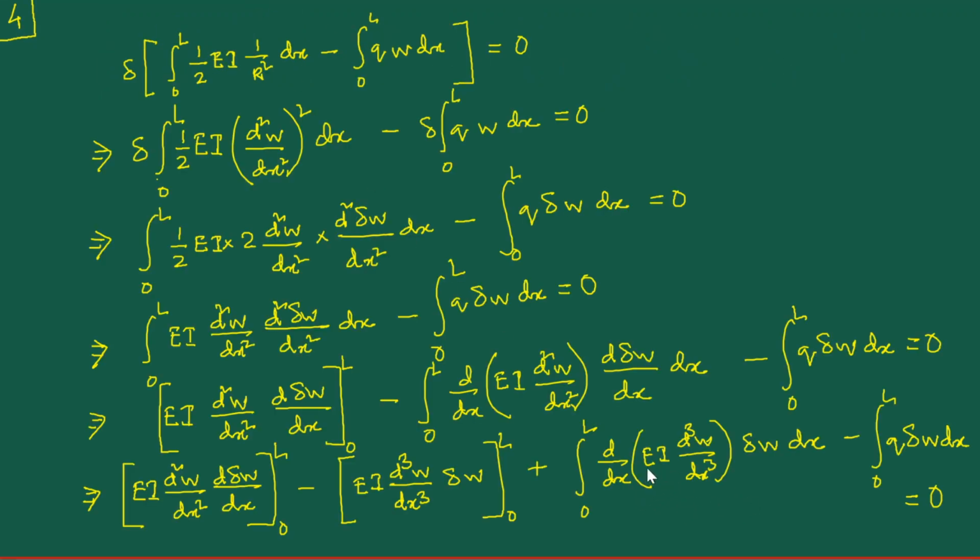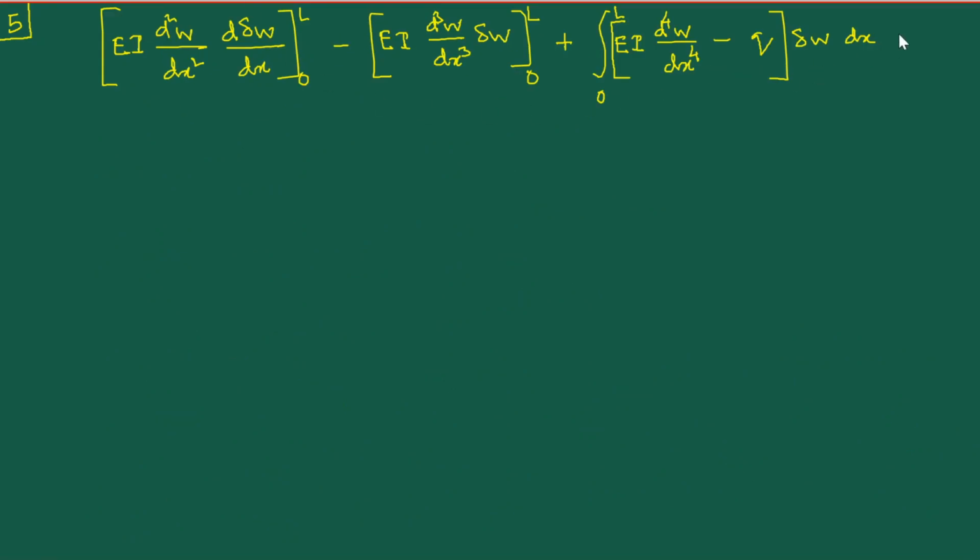Okay, so this EI d4w dx to the 4, and this minus q, and this entire thing gets multiplied by this delta w. So this thing is equal to 0.